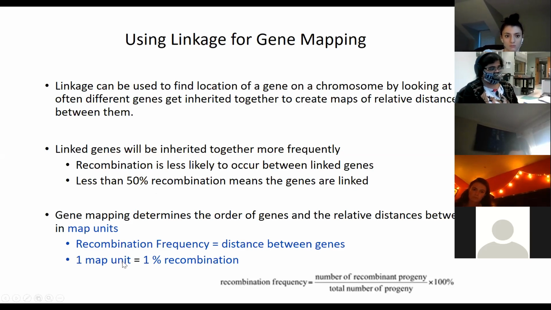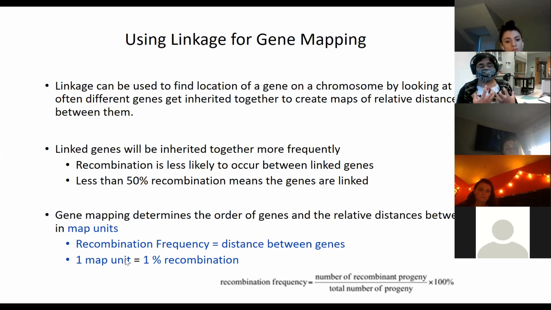Gene mapping allows you to determine the order of the genes, and allows you to figure out the relative distances between the genes in what are called map units or centimorgans, depending on which context you're looking at.